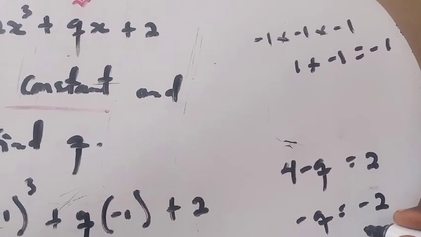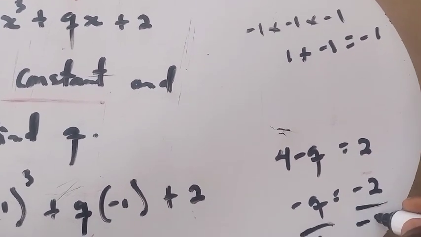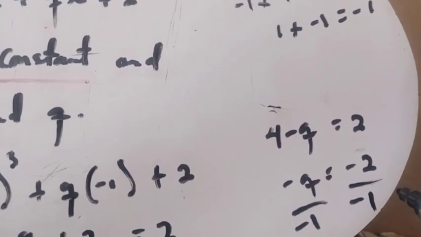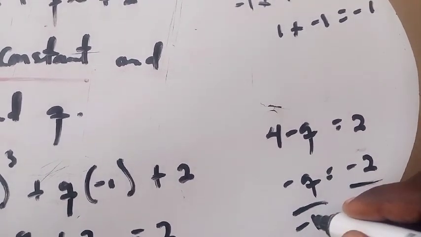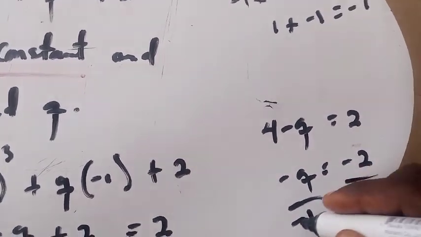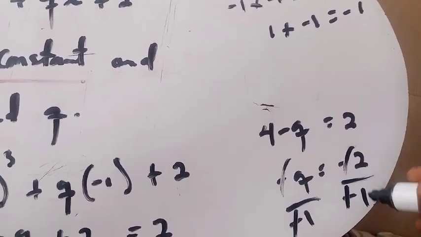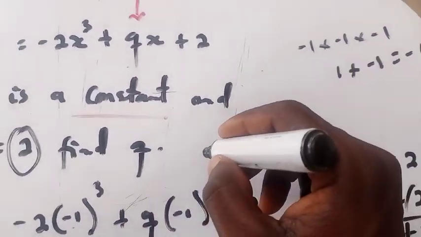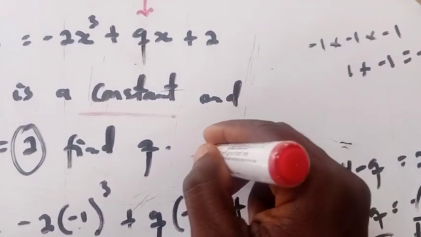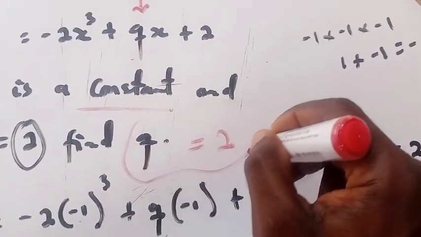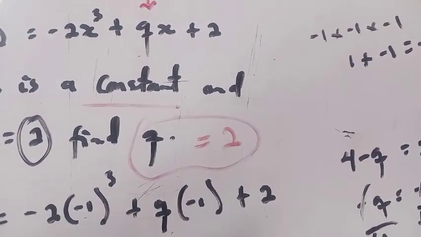Here we are going to divide both sides by negative 1, negative 1 divided by negative 1. The reason why I'm taking my time to solve this one by one, don't be in a hurry, right? Nobody is chasing you, but make sure that you work within a time frame. So we cancel out, you have q to be equal to 2. The value of this q is going to be equal to 2.